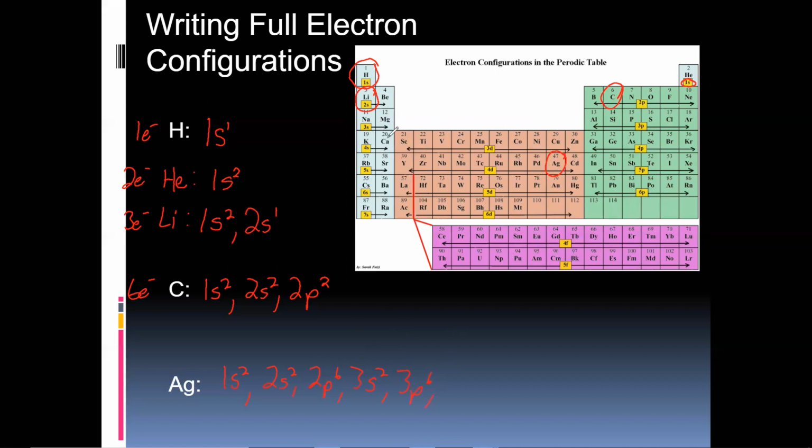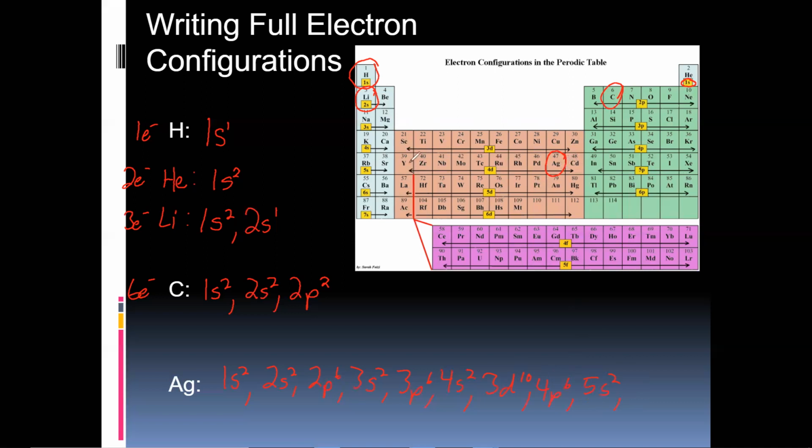We go down a row, 4s2. Moving over, you see that this is no longer 4, it's 3d. So we write 3d10 because there's 10 total spaces here, and if you count them, you can check my work, there are 10. Moving over, we go back to 4p, and again, 6 spaces in a p orbital. Then we move down a row again, and we get 5s2, and then we've found the particular orbital that silver is in.